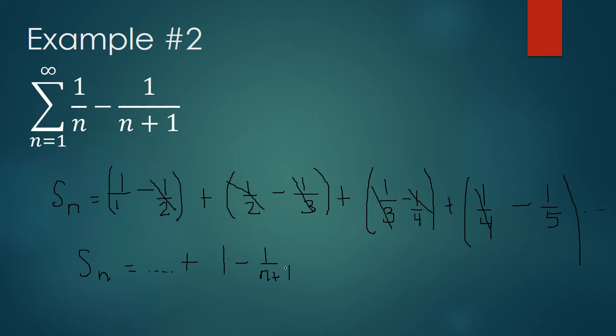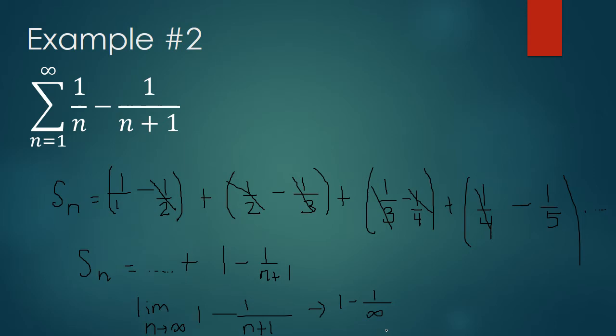Okay, so now we're going to take the limit of S sub n. So we're going to take the limit as n goes to infinity of 1 minus 1 over n plus 1. Now, if I plug in infinity over here, that's going to give me 1 minus 1 over infinity.